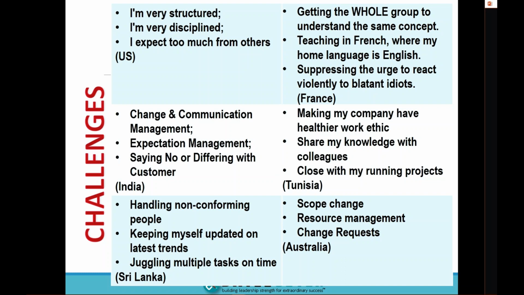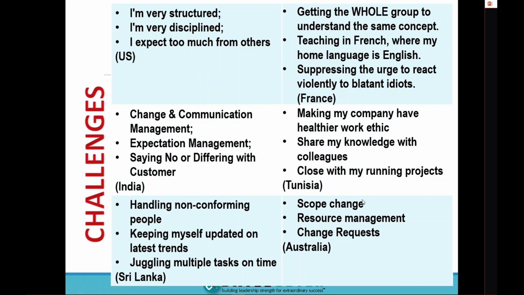Share my knowledge with colleagues. Australia, scope change, resource management, change requests. Sri Lanka, juggling multiple tasks on time. This one is my favorite over here. From France, suppressing the urge to react violently to blatant idiots. Okay, I love that one.